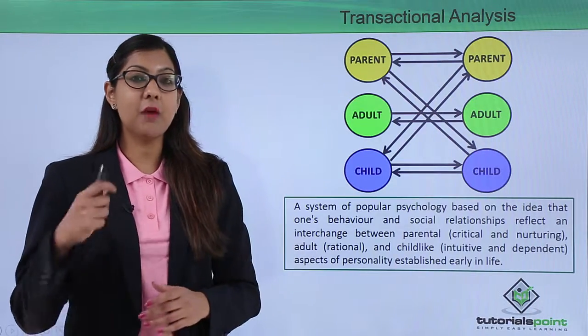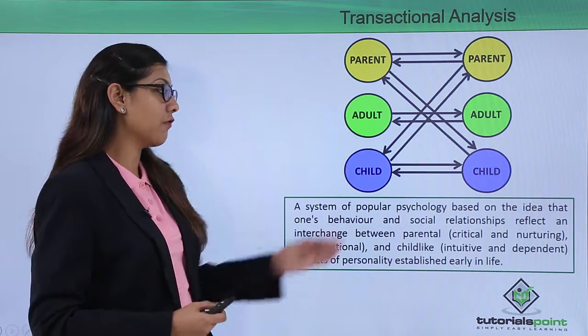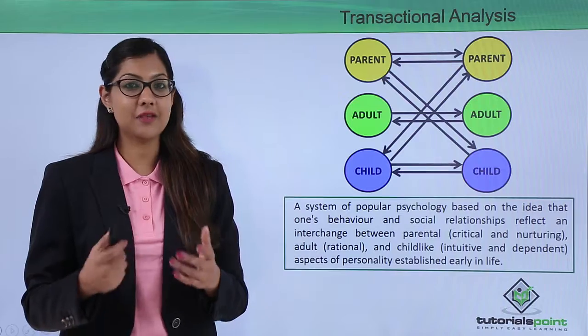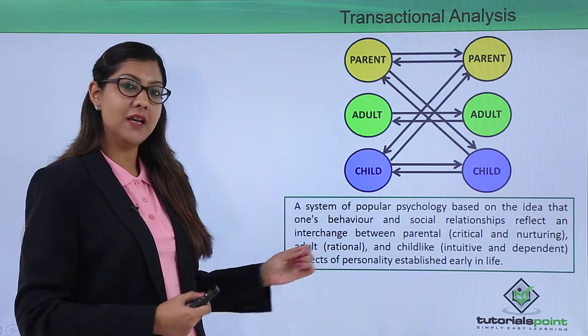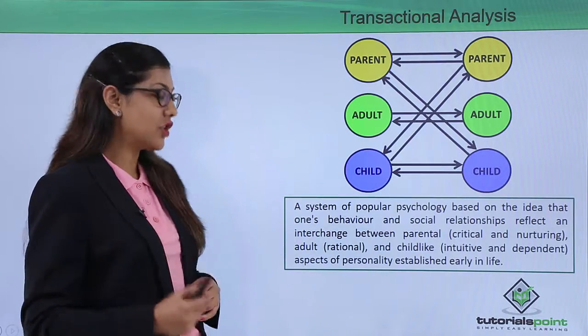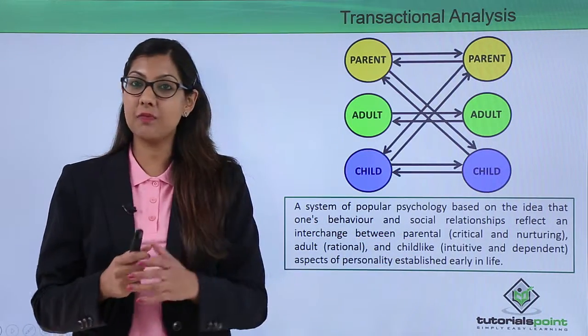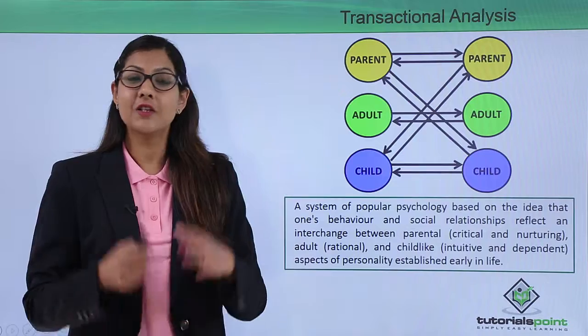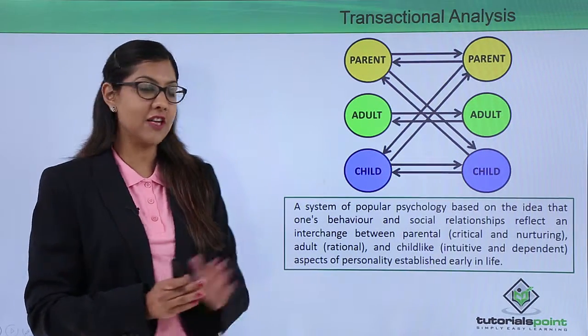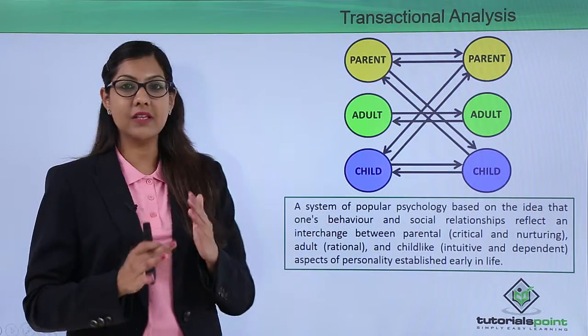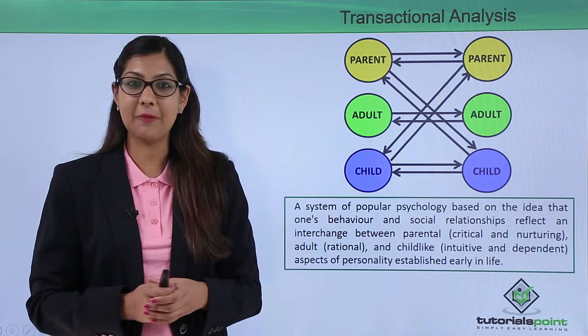As a parent, our personality is mostly critical and nurturing. As an adult, we are mostly rational, and as a child, we are generally more intuitive and dependent on people around us. So all individuals, wherever they are, whichever part of the world or country, always have all these three different ego states in them.